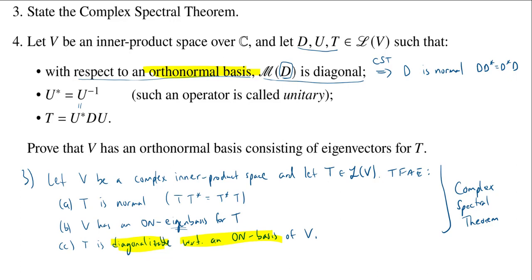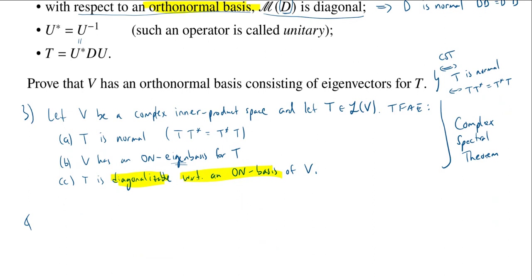So for our proof, by the complex spectral theorem, it suffices to show T is normal. To show that T is normal, that's equivalent to showing that T star T is equal to T T star. Let's head on down and try that.